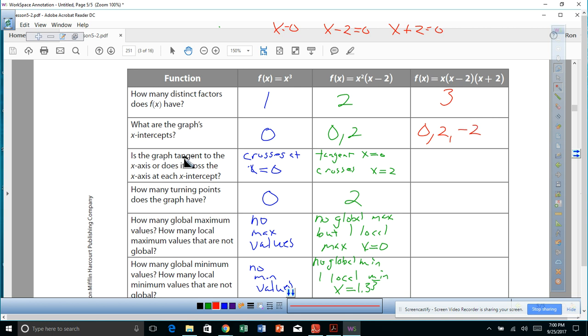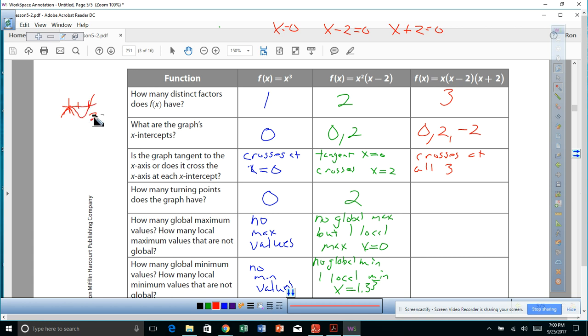Is the graph tangent to the x-axis, or does it cross the x-axis at each intercept? It crosses at all 3. Notice here you had x squared, and it came up to the origin, then went down, and then back up at point 2.